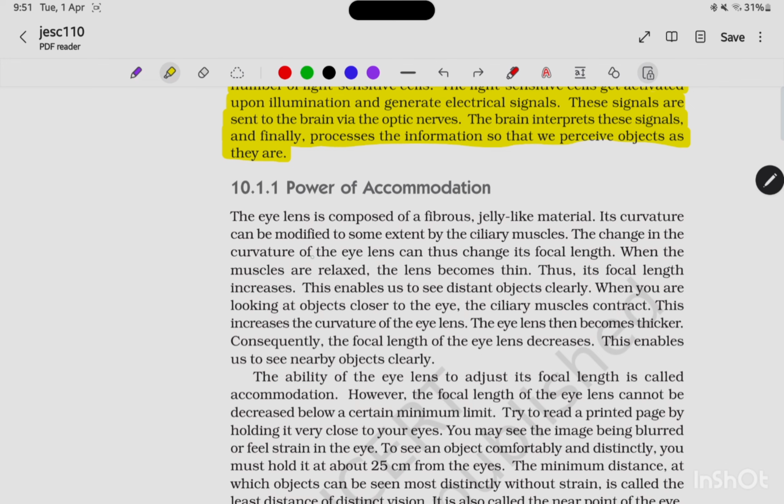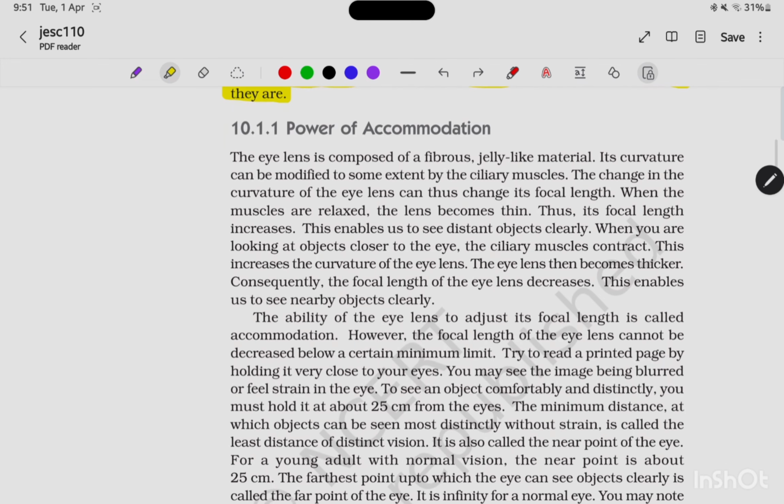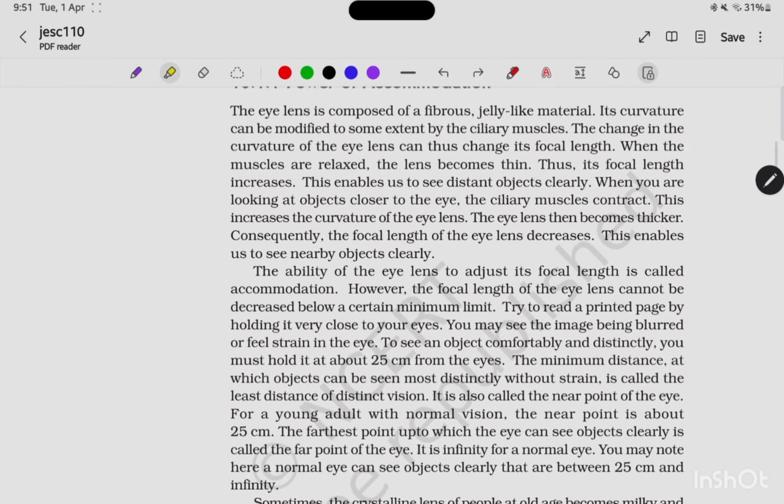The change in curvature of the eye lens can thus change its focal length. Okay, when the muscles are relaxed, the eye lens becomes thin, thus its focal length increases. Okay, this enables us to see the distant objects clearly.